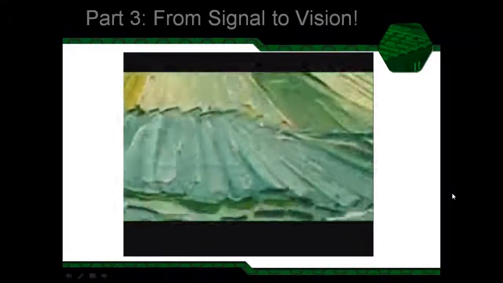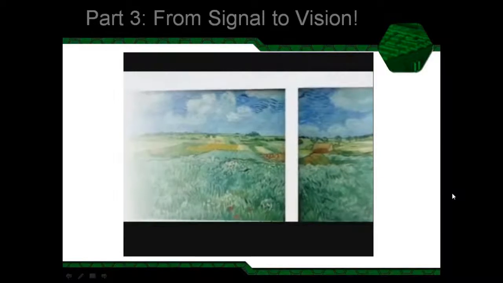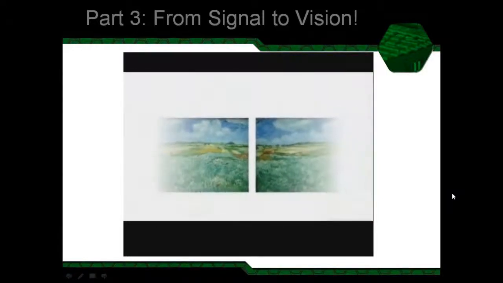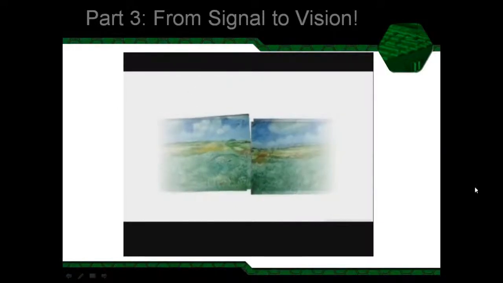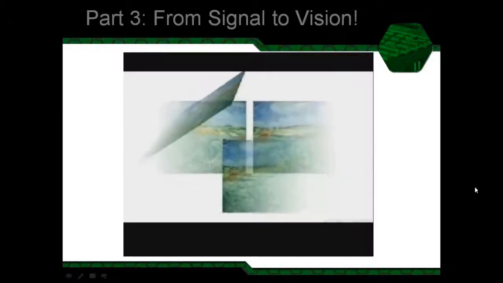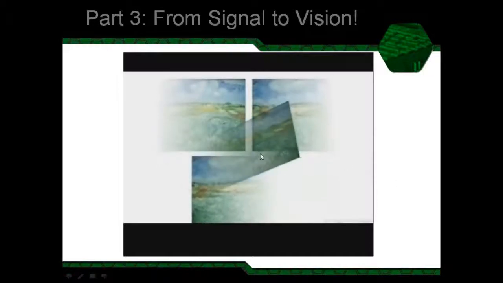Okay, now images that are formed by the two eyes and transmitted to the brain's visual cortex are not quite identical, and it's this discrepancy that compels the brain to compare the two images, seen here as slightly different, and then to render a single integrated image, which is the final image that we see.